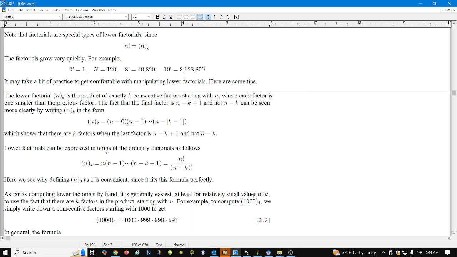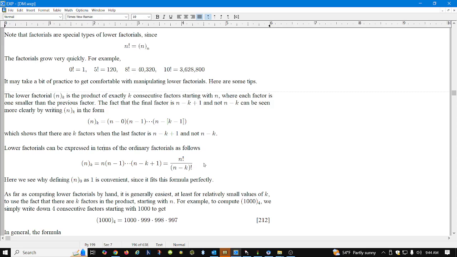Lower factorials can be expressed in terms of ordinary factorials, because n lower factorial k is, by definition, n factorial divided by n minus k factorial.